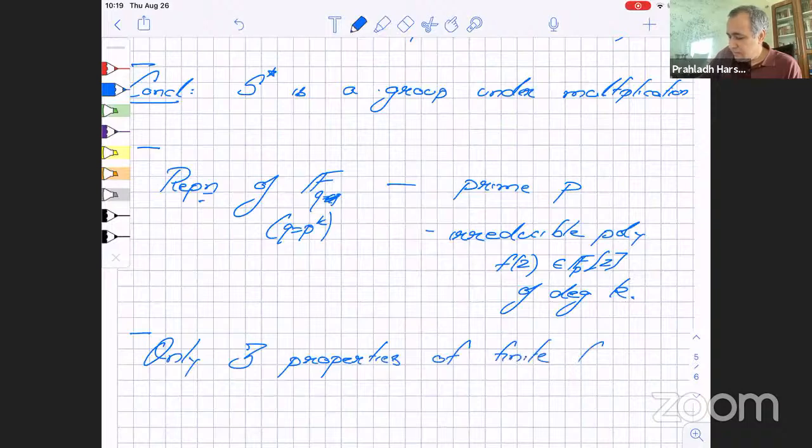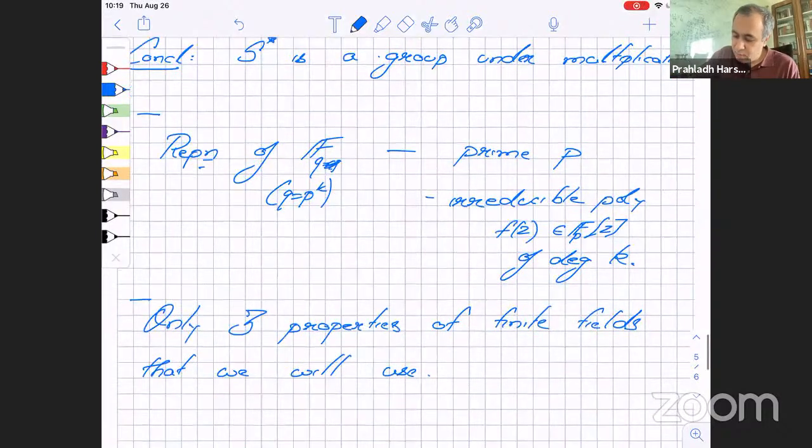Besides the fact that efficient addition, multiplication, division, subtraction exists, which I already proved to you, these are the only properties of finite fields that we will use. I'm going to assume these without proof.